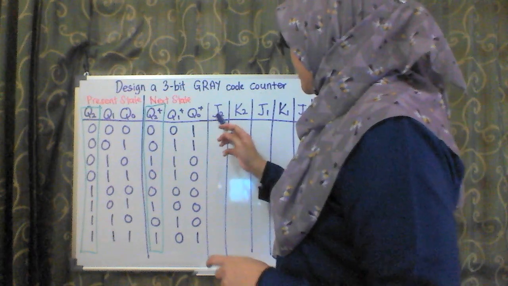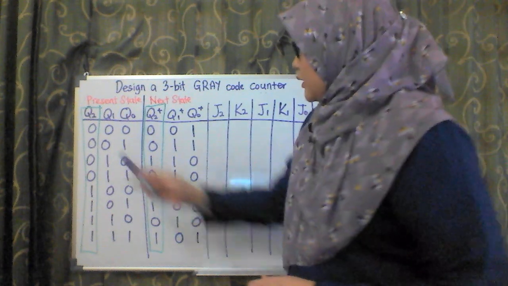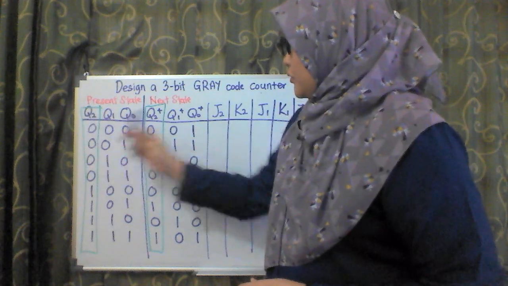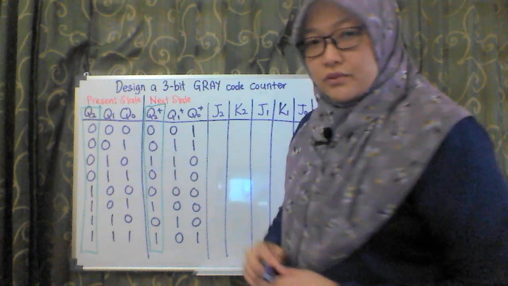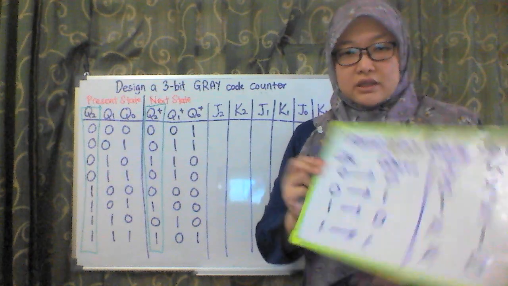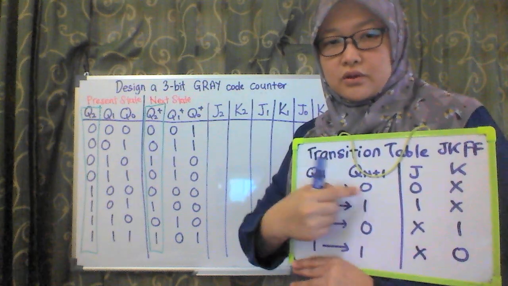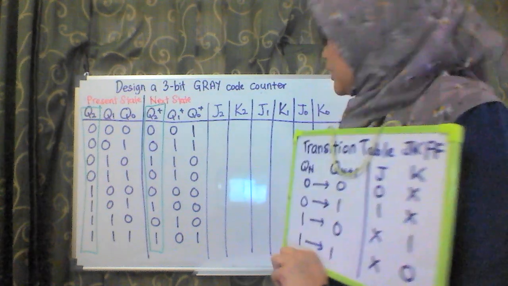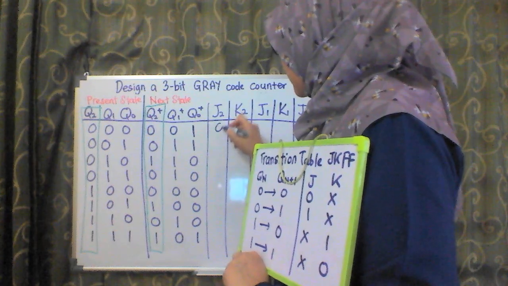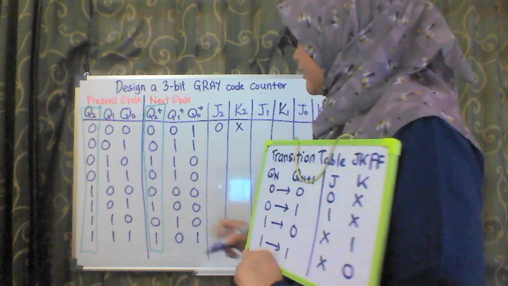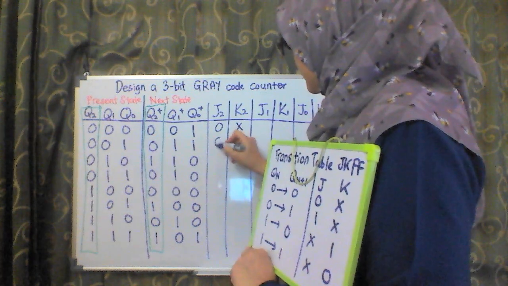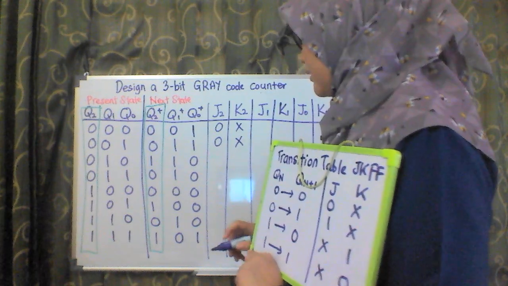What is the input of J2 and K2? Starting from Q2 present state 0 to next state 0, it should be 0 and don't care.